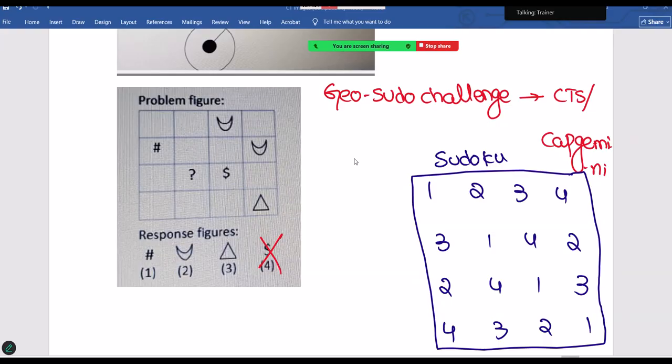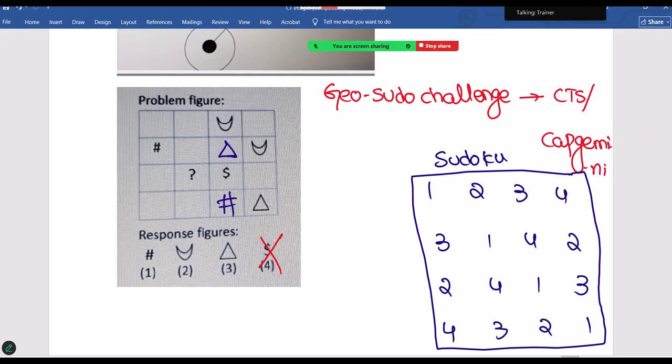Okay, fine. Now let's see. Here triangle cannot come. Triangle should come here. Why is a triangle in this column? I'll come to that point later. Here in this column, as triangle cannot come here, triangle must come here. This must be hash. That unknown must be hash.